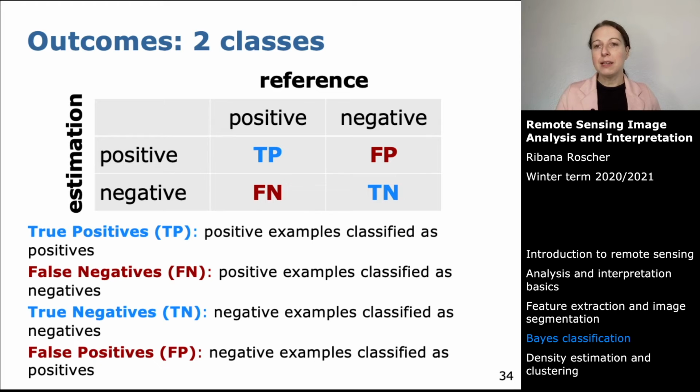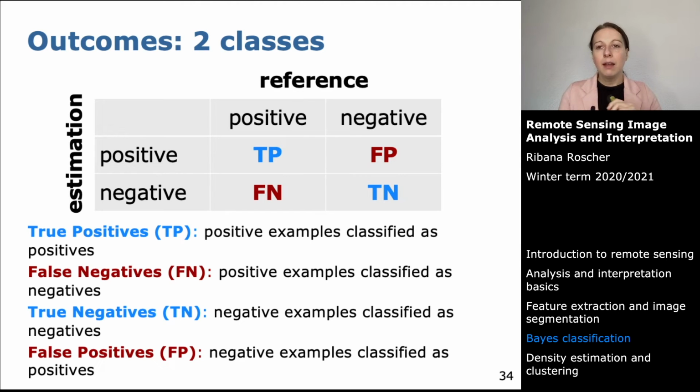And you can put it in such a confusion matrix. This confusion matrix has a dimension of 2 times 2. And you need to decide that one dimension is the reference and the other dimension is the estimation. Please be aware, this is not consistent in the literature. It can happen that the reference is in the rows, and the estimated labels are in the columns.